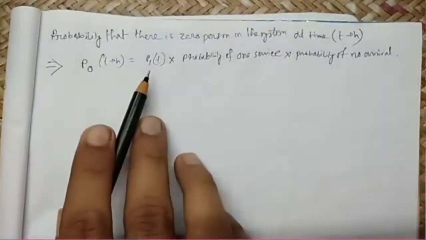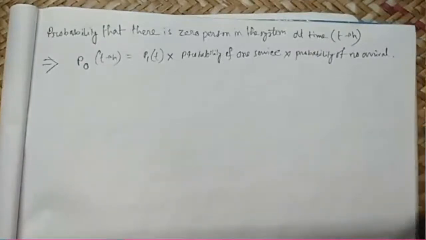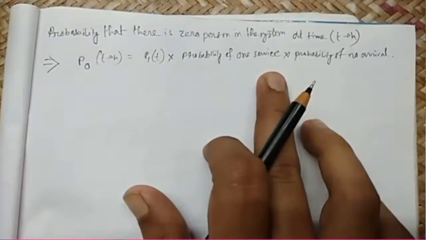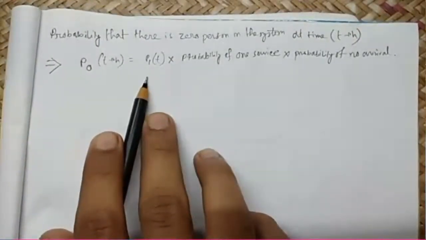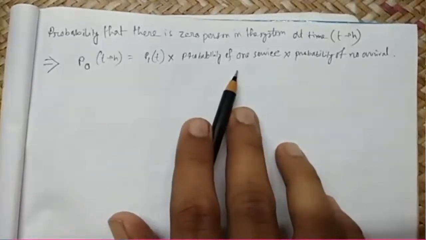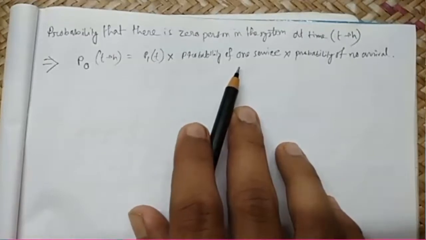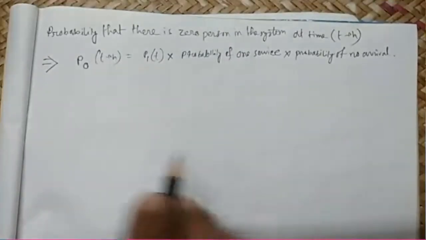So there was 1 person, one got serviced in time period h, so now there is no person.